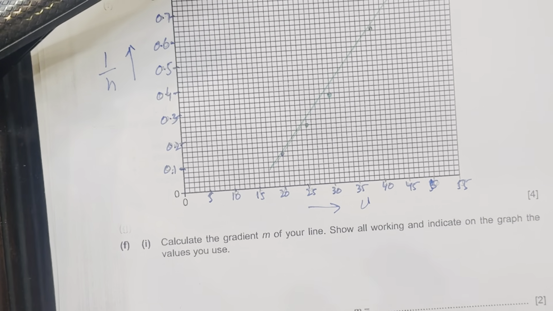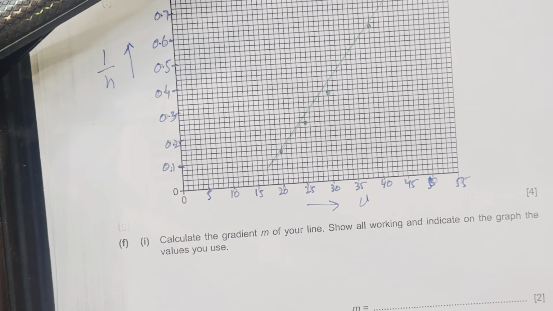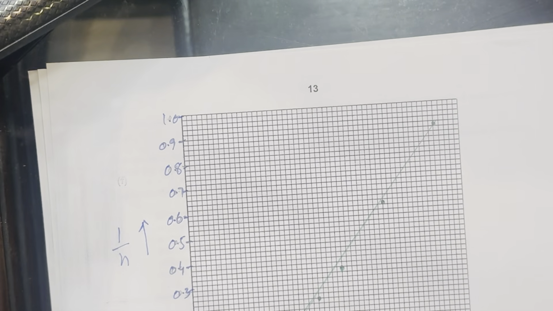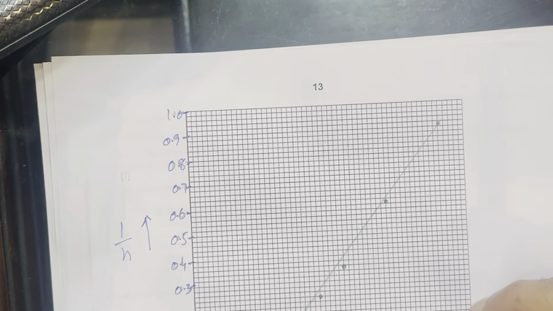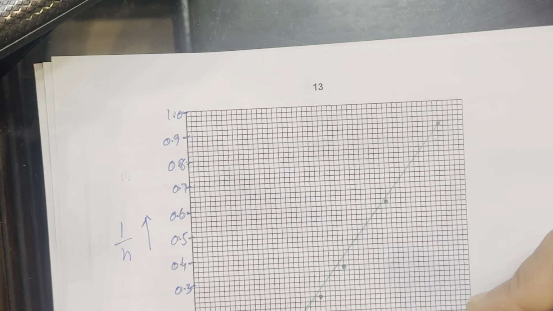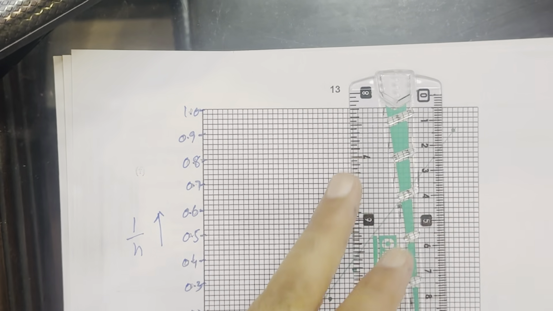So now we need to calculate the gradient m of your line. Show all the workings and indicate on the graph values. So we need to take 2 points for calculating the gradient, or we can take these 2 points which we have already plotted. That would be easier for us to solve.